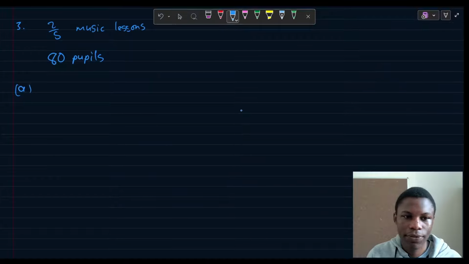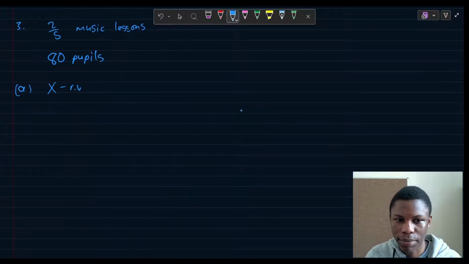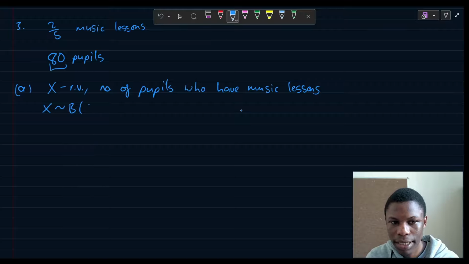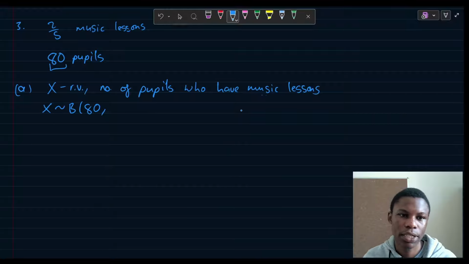In this case, let's define our random variable x as being the number of pupils who have music lessons. So x here has to follow a binomial distribution, and we're looking at 80 pupils. Our success is them taking music lessons. So the probability of that's 2 in 5.